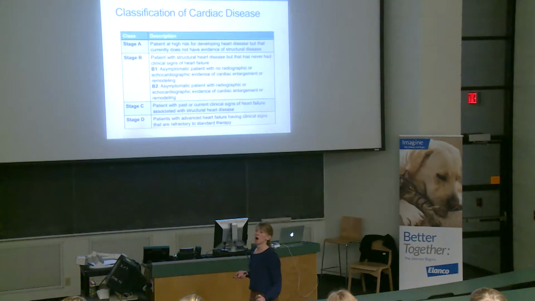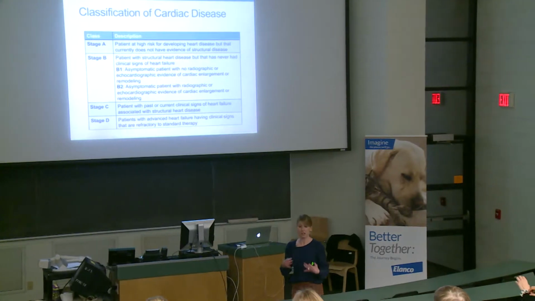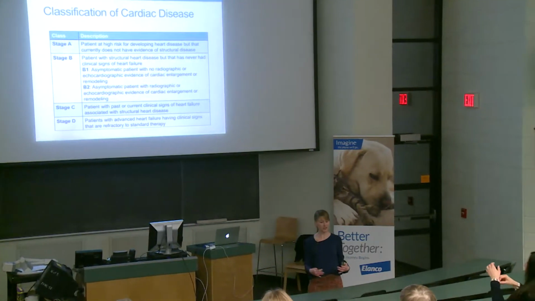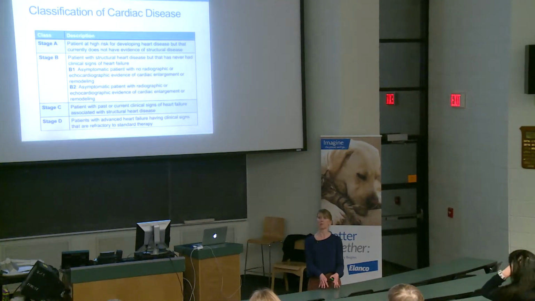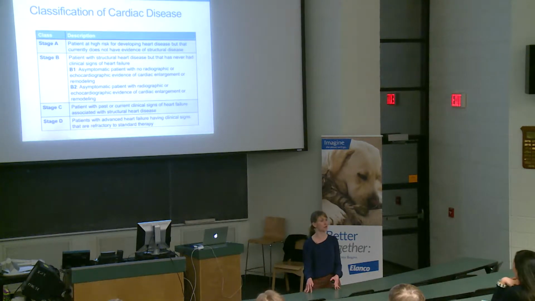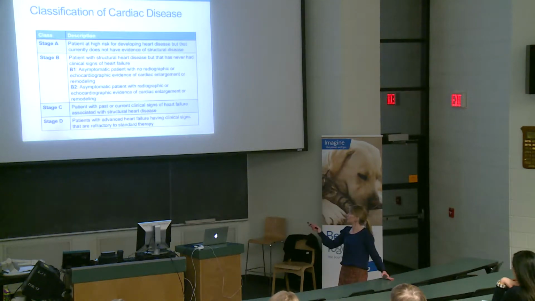Stage B are patients that do have clinically appreciable heart disease on diagnostics, but that are still asymptomatic, still free of clinical signs at home according to their owners. They are further subdivided into stage B1, in which case they have a normal heart size, on a radiograph or echocardiogram.